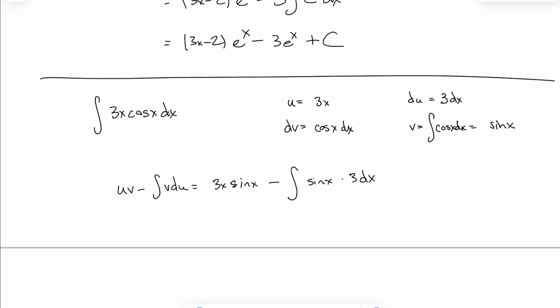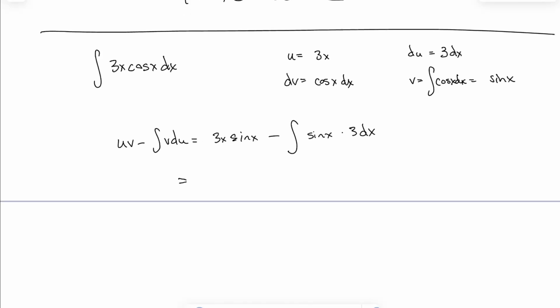I think, again, we can factor 3 out of the integral, and then it just looks like integral of sine, which is negative cosine. So I go 3x sine x, that's all done, minus, first factor the 3 out of the integral. Factor 3 out of the integral, and now the integral of sine is negative cosine.